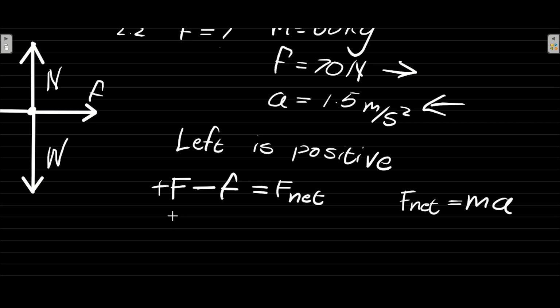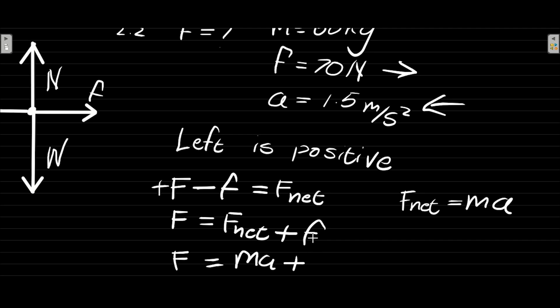Therefore, since we have this value and don't have this value, we can get F. So if we make F the subject of the formula, we'll have F is equal to F net. We are taking our frictional force to the other side. We'll add it, so plus F. So we have applied force equal to F net, which is MA, so MA plus F, which is 70 newtons.